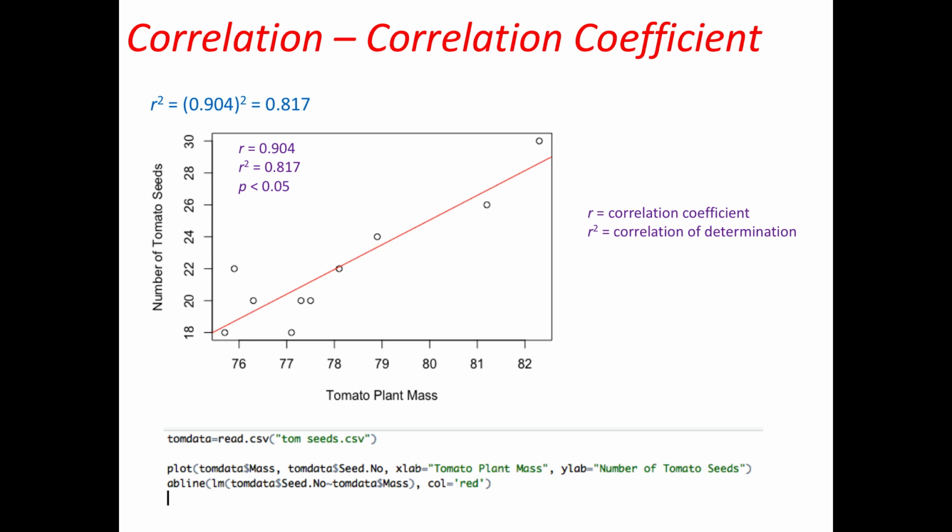In the scatter plot and best fit line figure shown here, 81.7% of the variation in Y can be explained by the relationship between X and Y. This means that 81.7% of the variability in tomato seed numbers is associated with the variability in the tomato plant mass. We get that value from our R squared because this describes this best fit line.